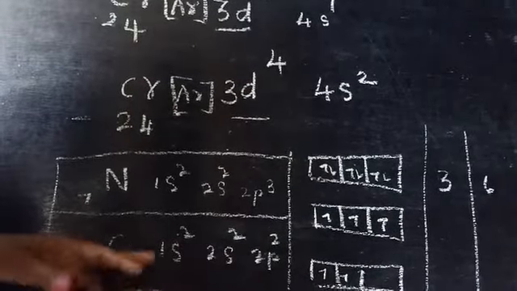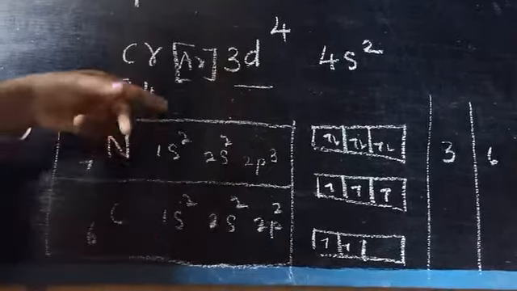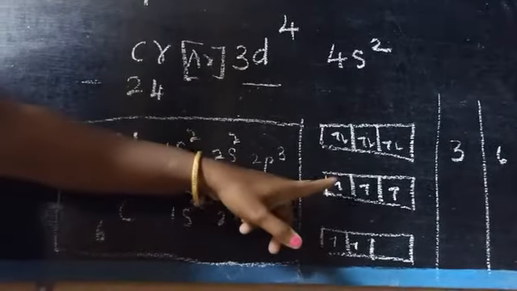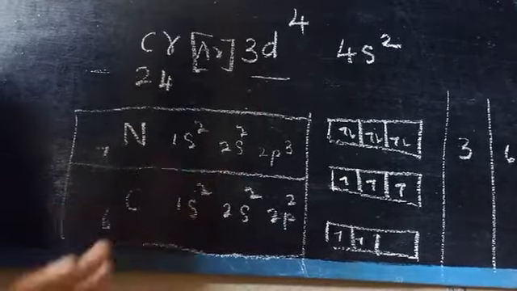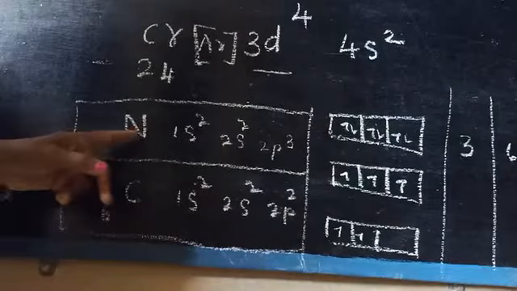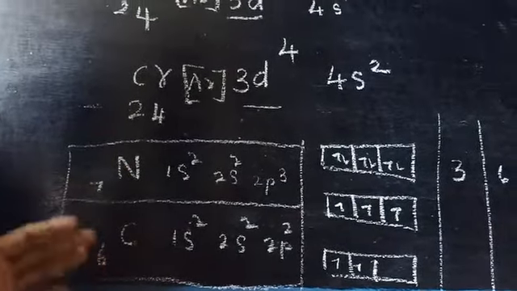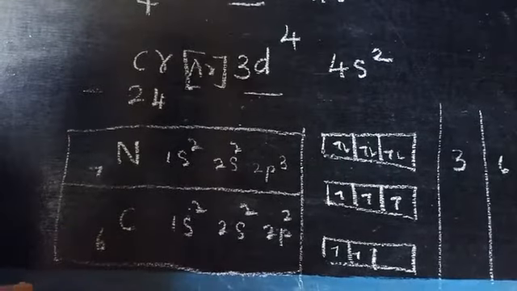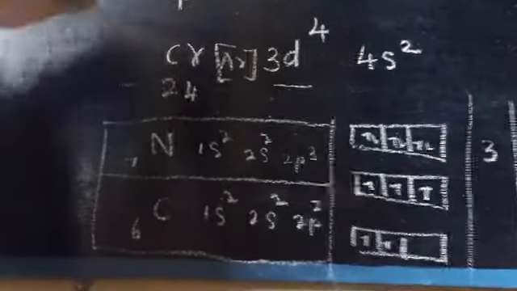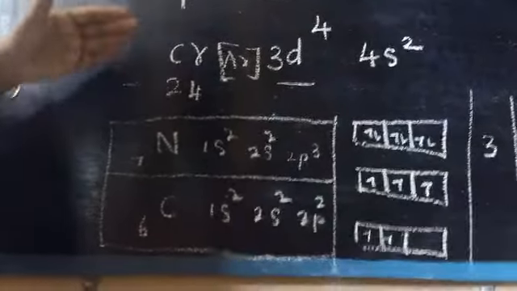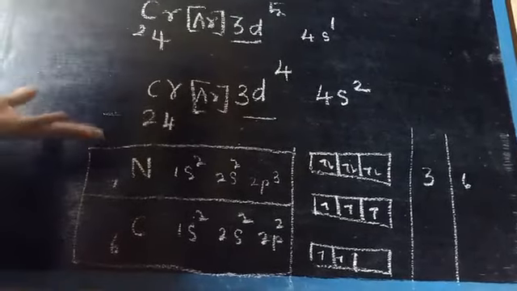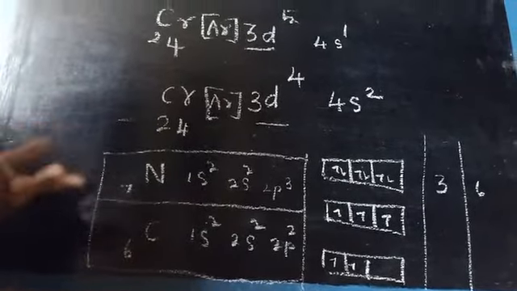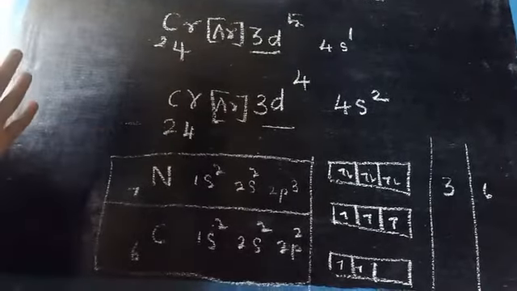Compared to the partially filled configuration, nitrogen is symmetrical, with the same spin, equally distributed. So nitrogen is more stable than carbon. Here the examples are chromium as well as copper, explaining why they are more stable. The reasons are symmetry and exchange energy.